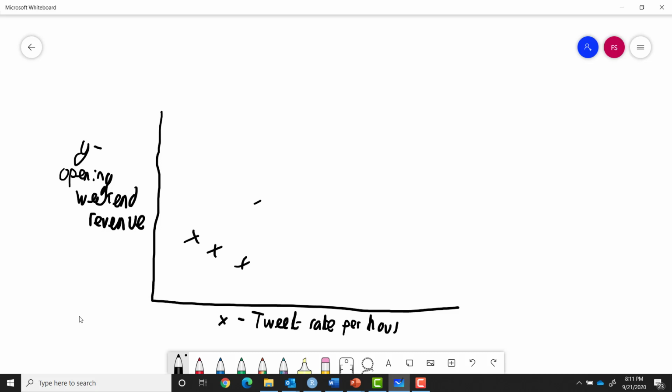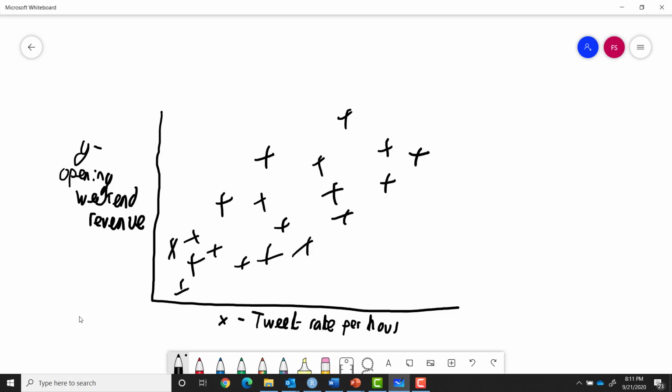And generally, the more buzz, the more revenue a movie's going to get. But this relationship is not actually going to be perfect. We're going to have something like this.